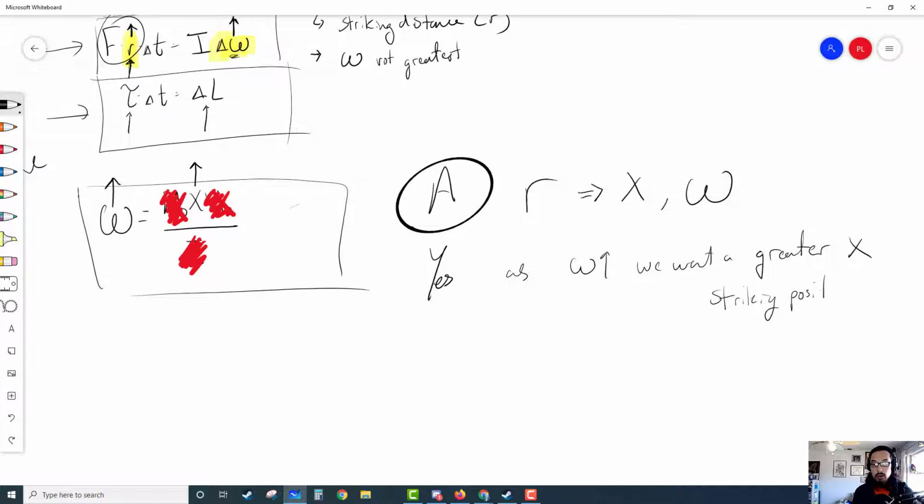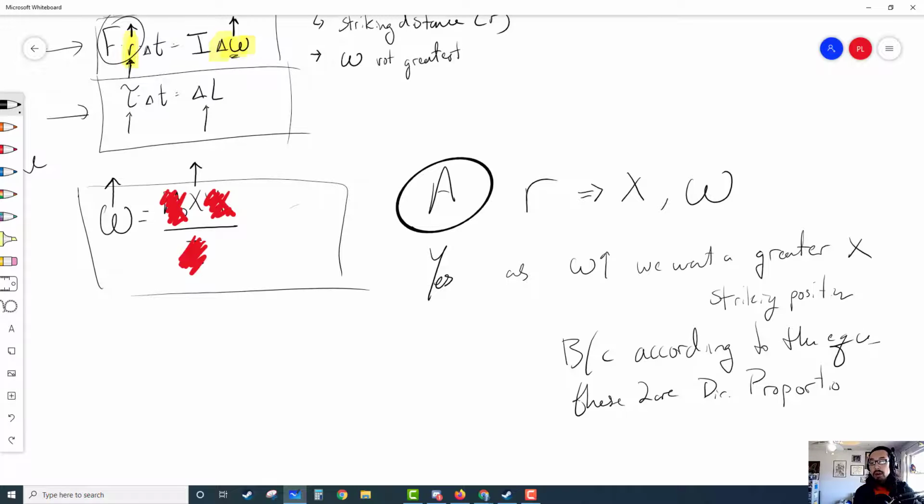Then we can say something like, because according to the equation, these two are directly proportional. They love it. It makes the grader's life so easy when you use language like this.